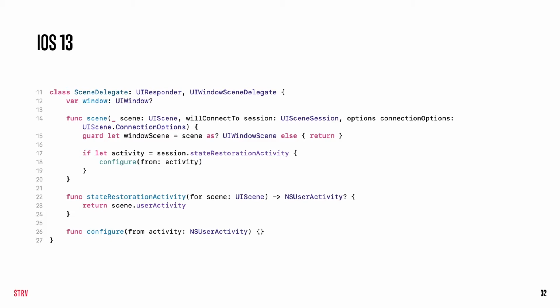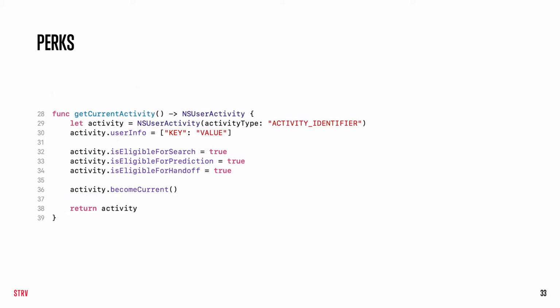But don't be sad, because it also has its perks. NSUserActivity is common for the whole new lifecycle, and you can also benefit from it. If you implement state restoration with NSUserActivity, you can use these three properties: it's eligible for search, it's eligible for prediction, and it's eligible for handoff. So basically, if you implement state restoration and set these to true, you implement handoff functionality out of the box.